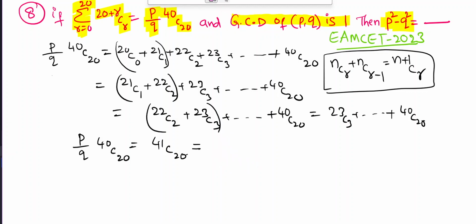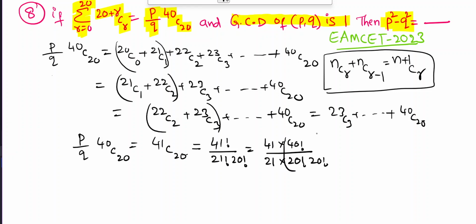This is written as 41C20, that is equal to 41 factorial by 21 factorial into 20 factorial. That is 41 factorial is 41 into 40 factorial, by 21 factorial is 21 into 20 factorial, into 20 factorial.